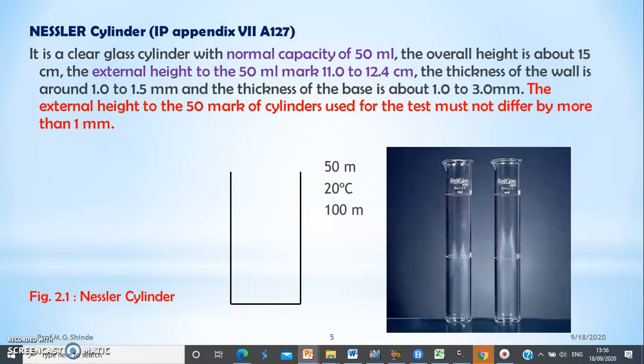The external height to the 50 ml mark of cylinders used for the test must not differ by more than 1 mm between the two Nessler cylinders. So this is the diagram of the Nessler cylinder. Here the mark is given, so between these two marks there should not be a difference of more than 1 mm.